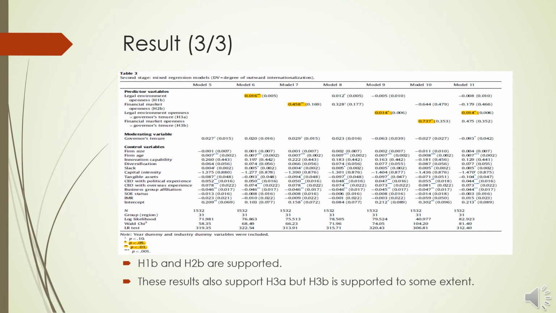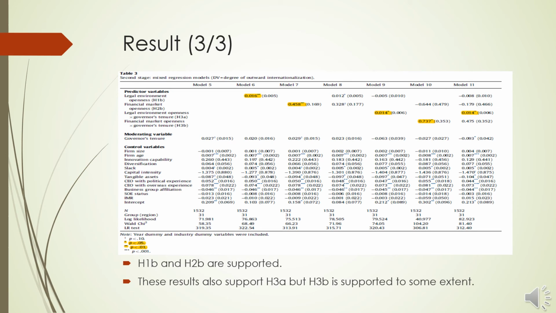This table shows the results of mixed regression models in the second stage that uses degree of internationalization, which is also called DOI, as the dependent variable. We can see that Model 6 is about the level of legal environment openness, Model 7 shows financial market openness, and Model 8 includes both the legal environment openness and the financial market openness.